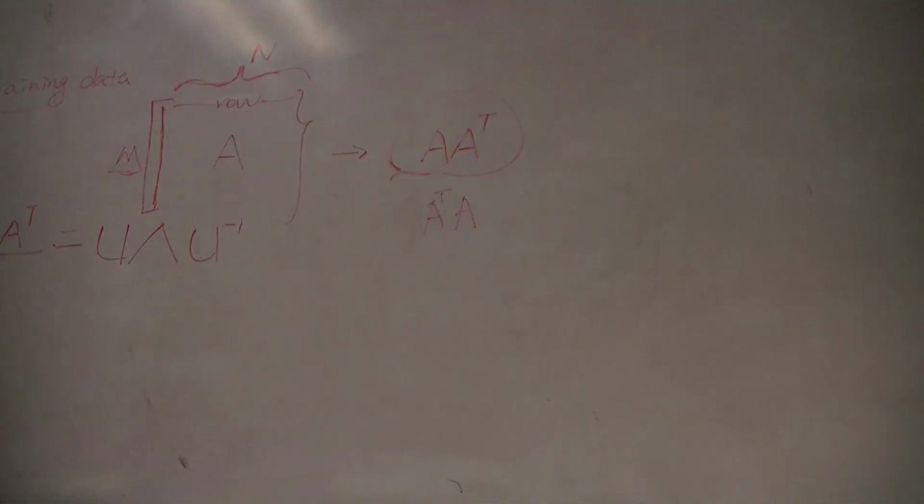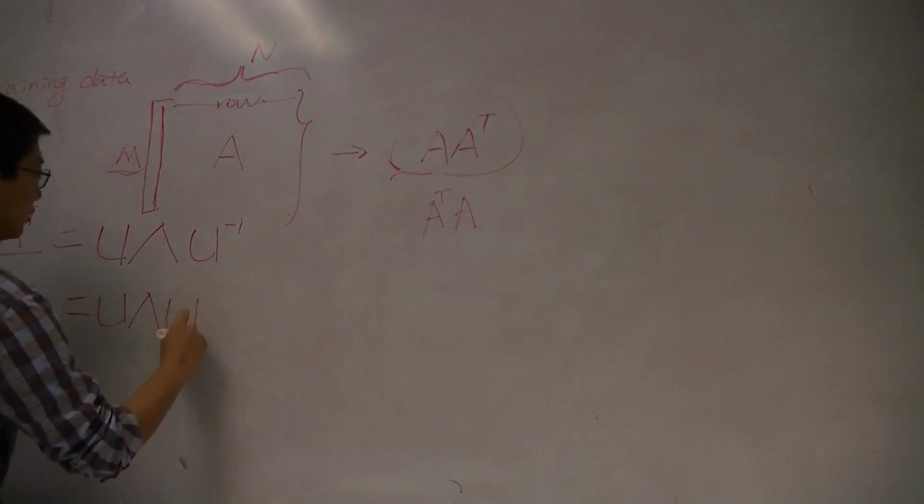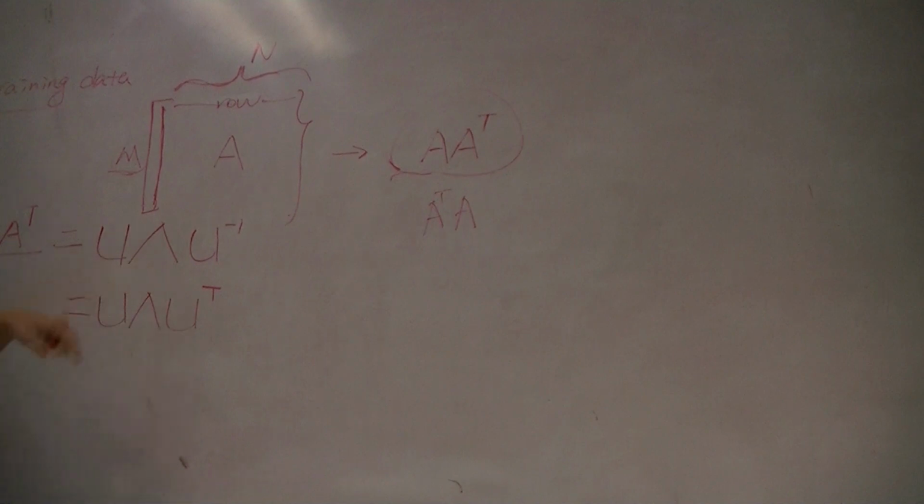Since this matrix is symmetric, the inverse turns into the transpose. So from the original training data A, we have the covariance matrix AA transpose, and from AA transpose we have these eigenvectors.